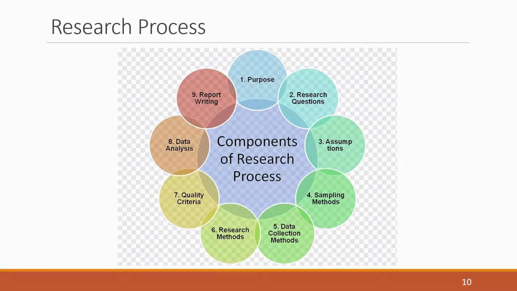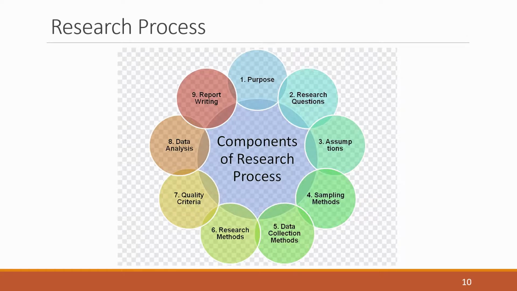So the first step is the purpose. Before doing anything, you have to determine what the purpose of doing that is. When you want to start a research, you have to say why we have to do this research.